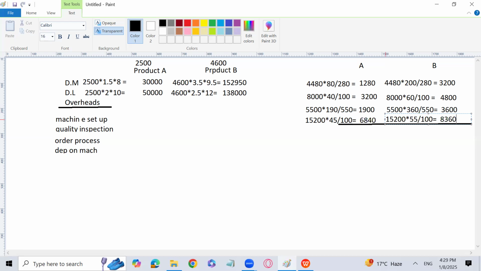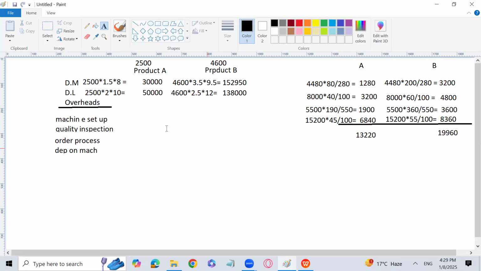But you can go for the whole amount also, no problem. So I will go for the total of all the overheads for product A, how much overheads are going to be allocated for product A according to the cost pools and by using the cost drivers. So 13,220, and for product B it is going to be 19,960.